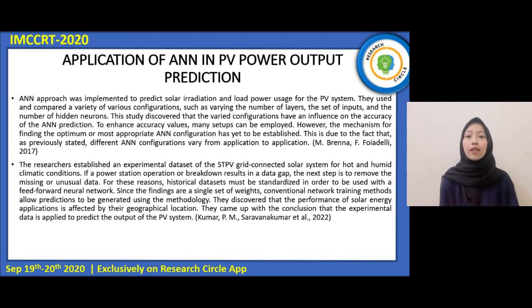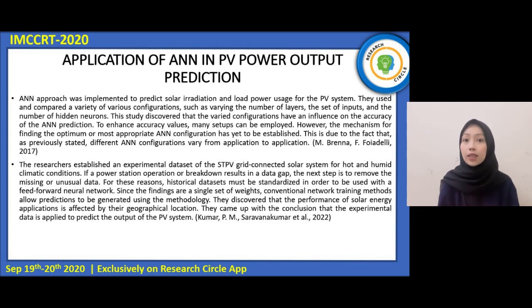Next, the researcher established an experimental dataset of the STPV grid connection solar system for hot and humid climatic conditions. If a power station operates or breakdown results in a data gap, the next step is to remove the missing or unusual data. For this reason, historical datasets must be standardized in order to be used with a feed-forward neural network.